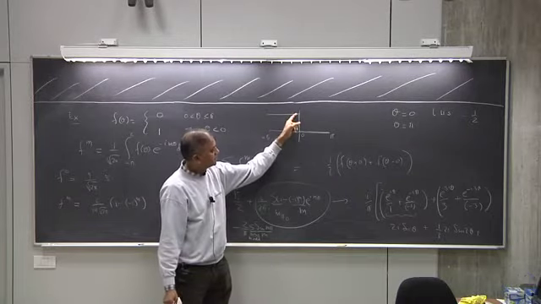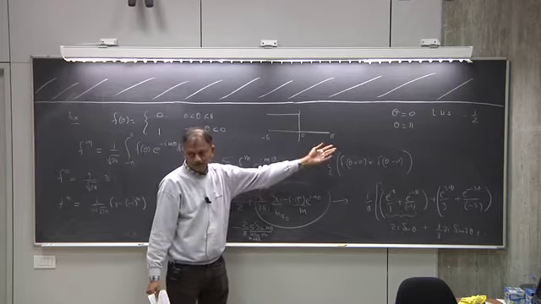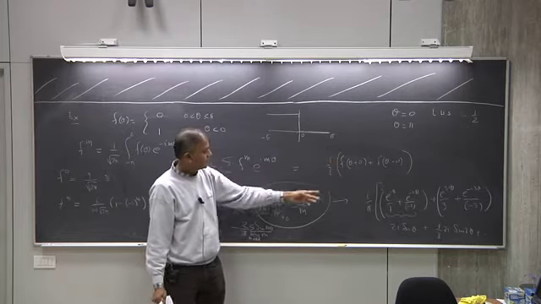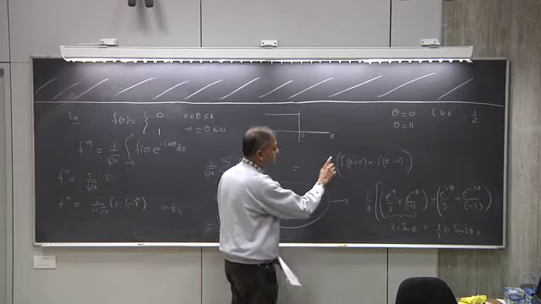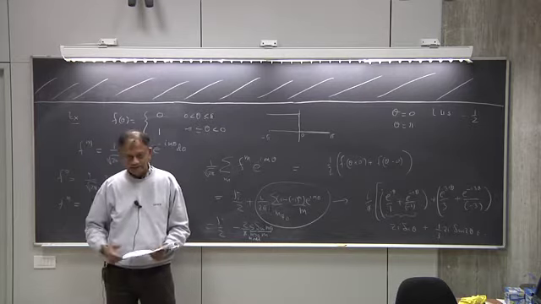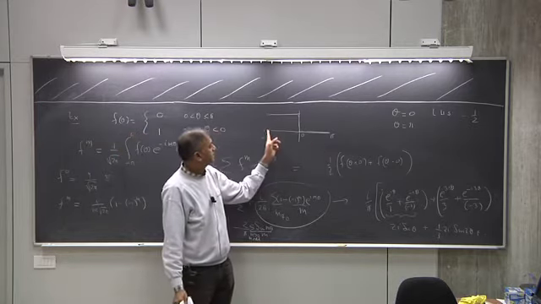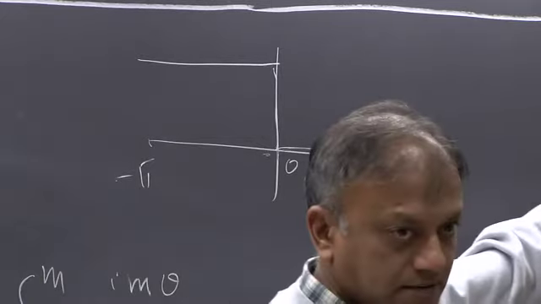As you come from here, the limiting value is 1. So 1 plus 0 divided by 2 is 1/2, right? Same way at theta equal to pi, the relation was 1/2 of f of pi plus f of minus pi. So f of pi is 0, f of minus pi is 1. Again, the average is half. So this indeed agrees.